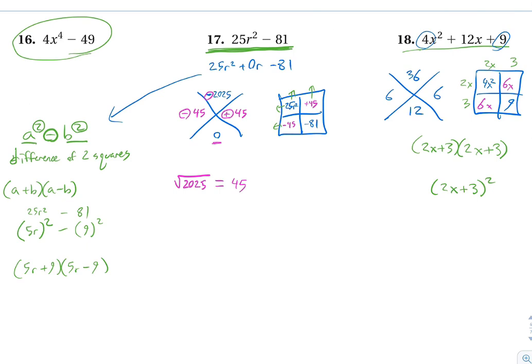And that's just a nice shortcut. Over here you'd notice they have a 5r in common, and a negative 9, and oh my goodness, we got exactly that shortcut. So that's a cool shortcut that I won't require you to know this year, but it will save you time if you do know it.